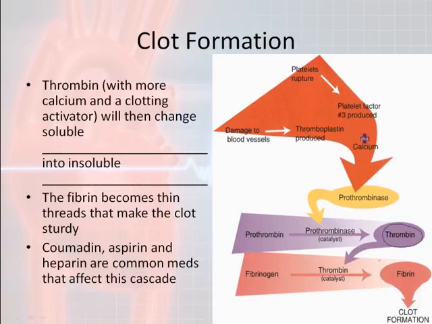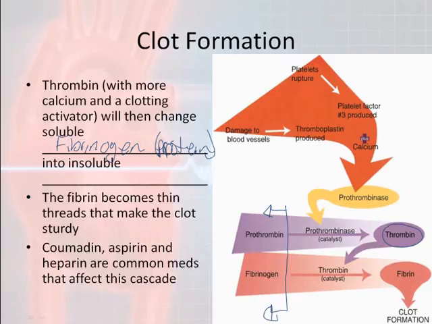thrombin now acts as another enzyme or a catalyst. Remember, everything on this side of this line is already free-floating in the body. So thrombin will then convert the soluble fibrinogen, which is a free-floating protein in the body or in the bloodstream.